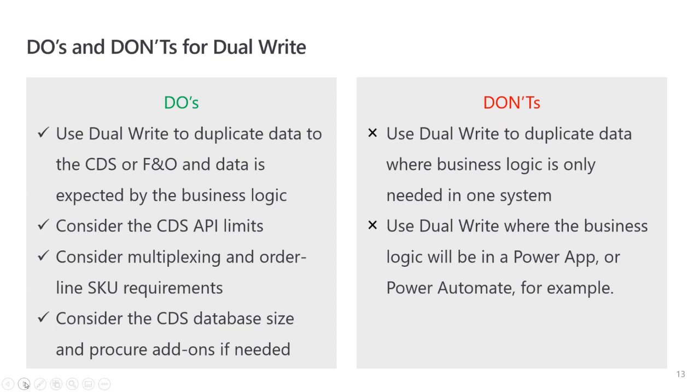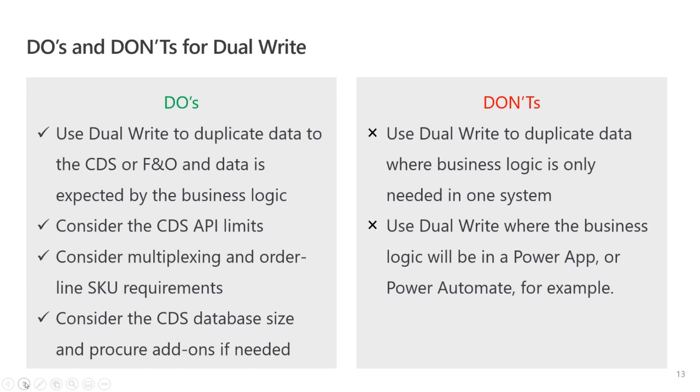If you're pulling into one of the six entities that are outlined in the licensing guide, it might be required that you either license the users on both the CDS or customer engagement app and in F&O, or that you purchase order line SKUs so that your production hardware is scaled correctly to support the volume of integrations and data that will be going through it.